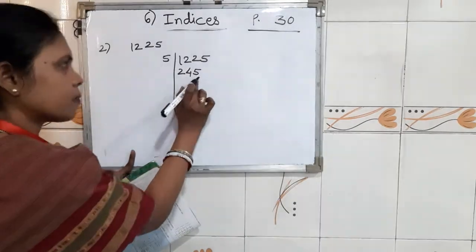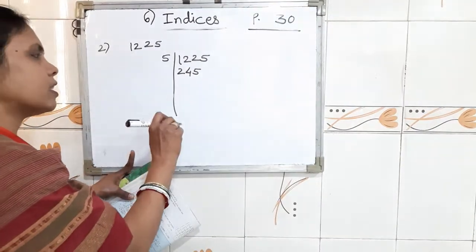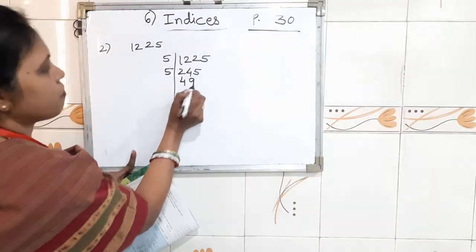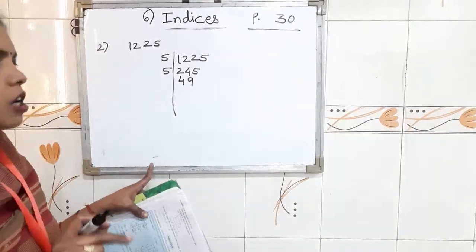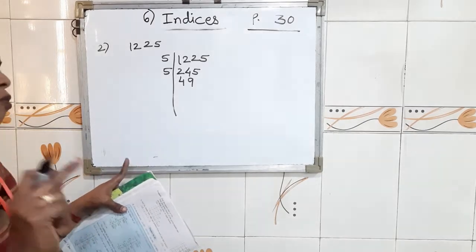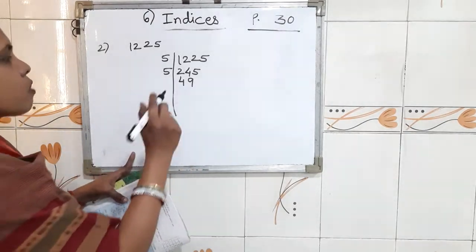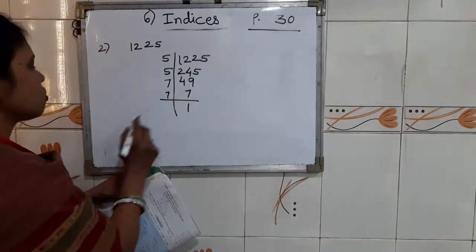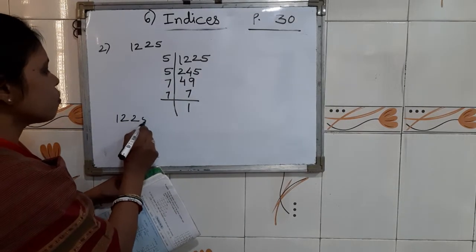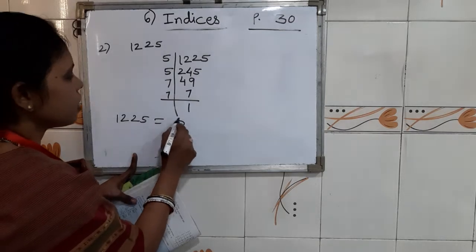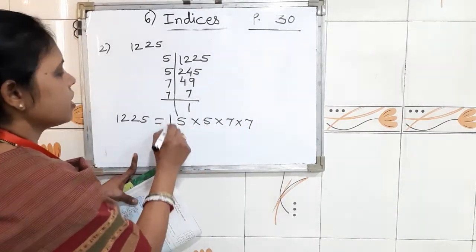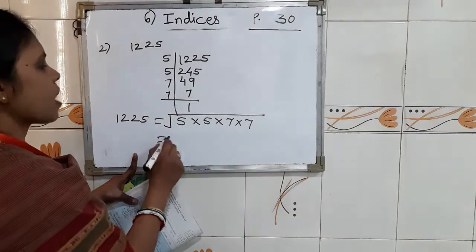Next, in the unit place 5 is there. Again we will divide by 5. 5 4 ja 20, 5 9 ja 45. As we know, 49 is the square of 7. That's why directly we can take 7 7 ja 49. So children, for 1225, you got the factors 5 into 5, 7 into 7 in the square root.